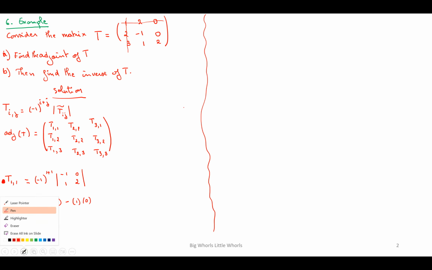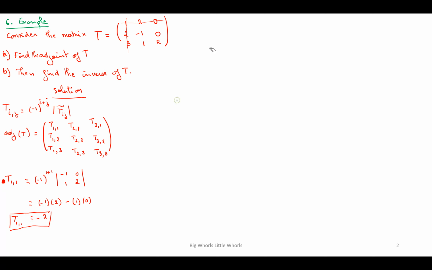Okay, let me get more space here to see if we can fit everything on this page to make our life easier.